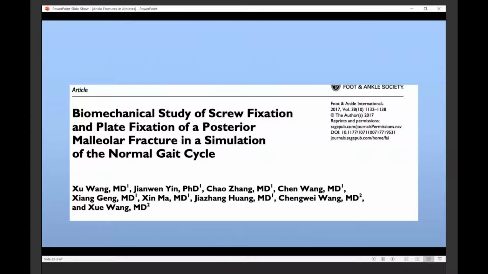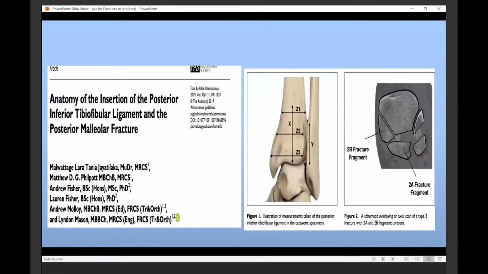And I don't think it matters, and there's been good data backing up whether you do a screw or a plate. Anatomic reduction is what you need. Another good article came out again. If you want to read two articles, one was 2017, 2018.